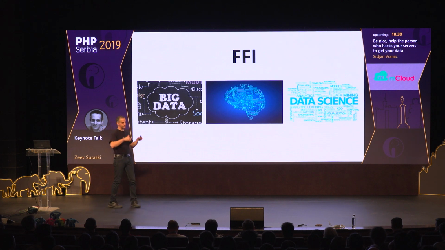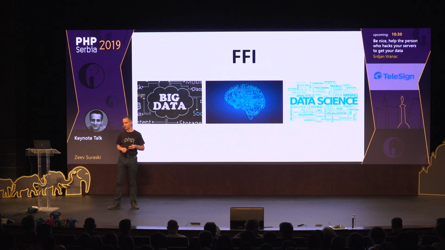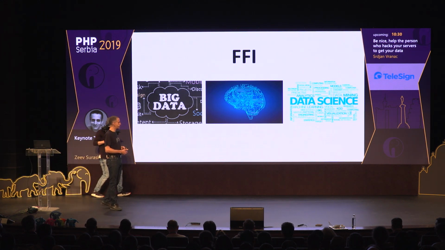So if you remember, 15 minutes ago, I talked about how one of the key features of PHP 3 was the fact that it was extensible and made it possible to write extensions, which was a lot easier compared to the situation in its predecessor.